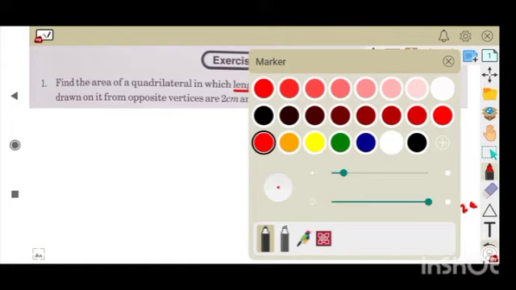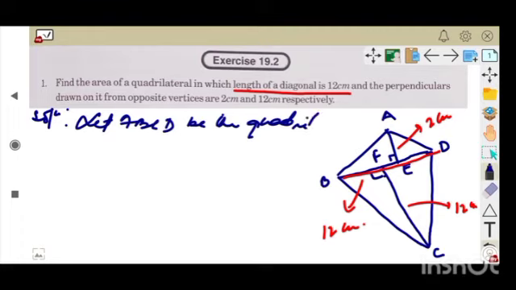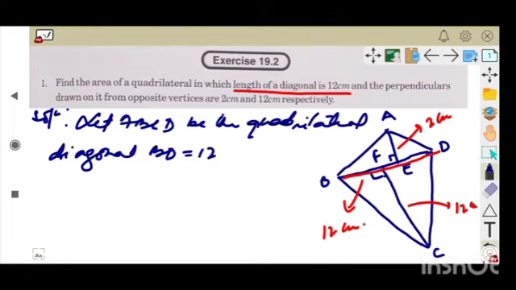So let's start the solution. First, let me write, let ABCD be the quadrilateral. Here what happened? Diagonal BD. Let me write here, diagonal BD is 12 centimeter. And what is the next? The perpendiculars AE and CF are 2 centimeter and 12 centimeter.